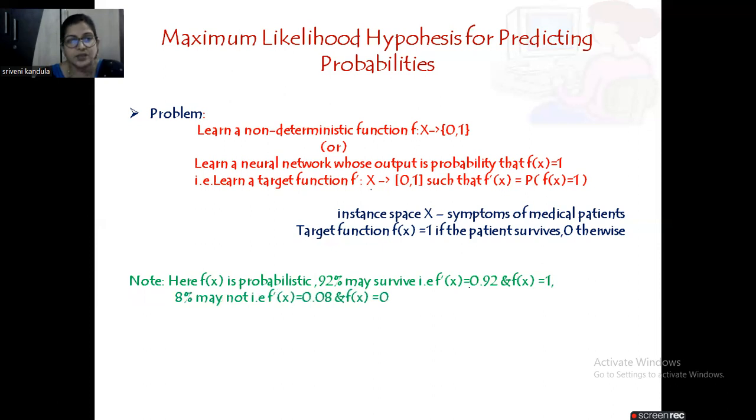And 8% are not surviving, so your f of x value is equal to 0 and f dash of x is equal to 0.08. Okay, so this is our problem. We should make our neural network learn this representation. Let us see the scenario or the target concept where we can help the neural network learn this.